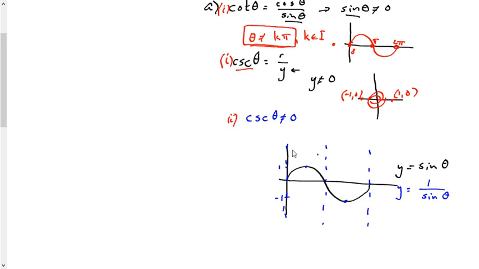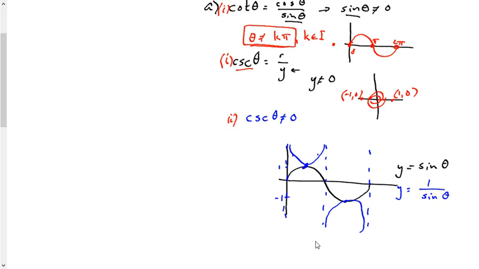It'll be kind of similar on this side. So I get a graph that curves down. Oh, this is going to look really bad. Kind of looks like that. And here I'll get a graph that curves up, touches there, and then curves sort of like this. So this would be one period of the graph of y equals cosecant theta, where these graphs are touching at that point.